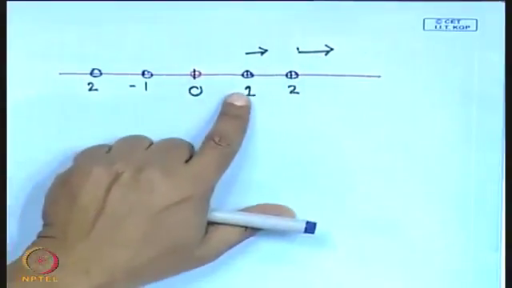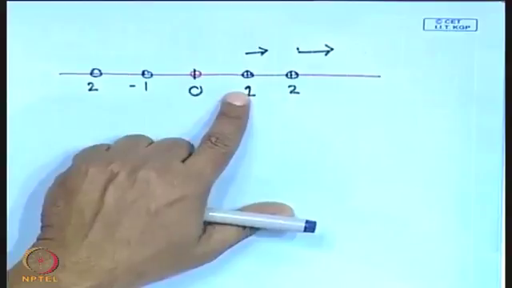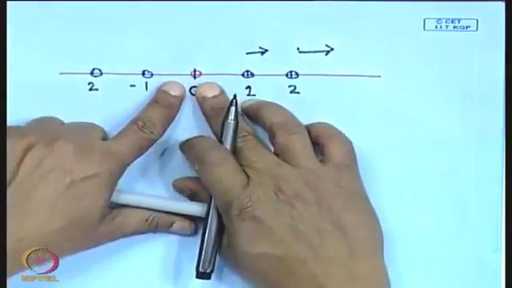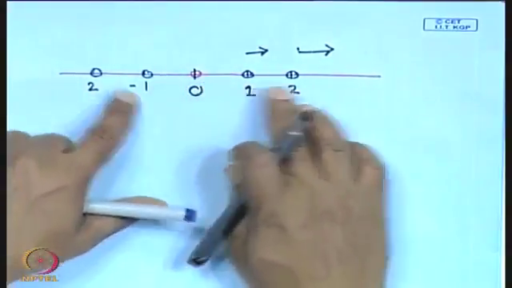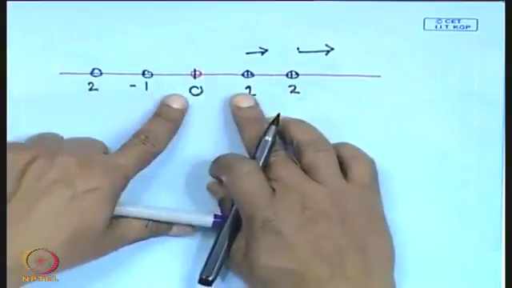So the speed of this galaxy is 1 in some unit, because all the galaxies are moving. Hubble's law is basically that all the galaxies are moving away with a speed proportional to the distance.